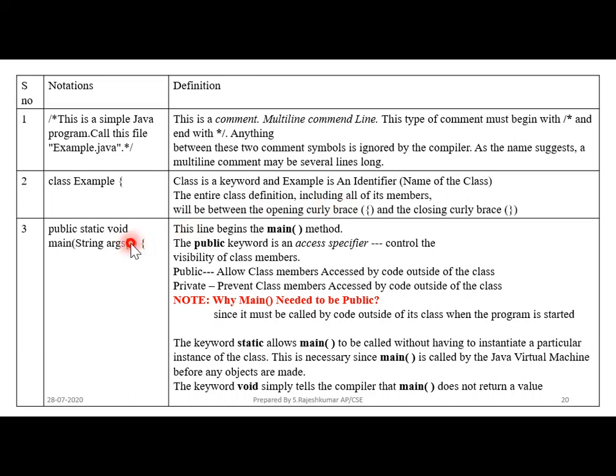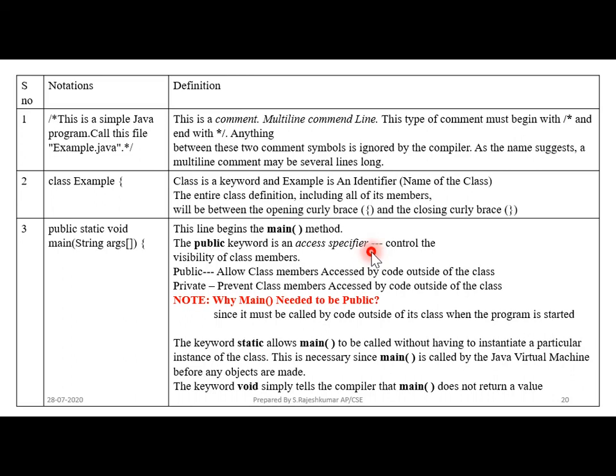Okay, and the third line contains public static void main. This line begins with the main method. The public keyword is an access specifier. That means the main function can be accessible to any class, even outside the scope of the class.